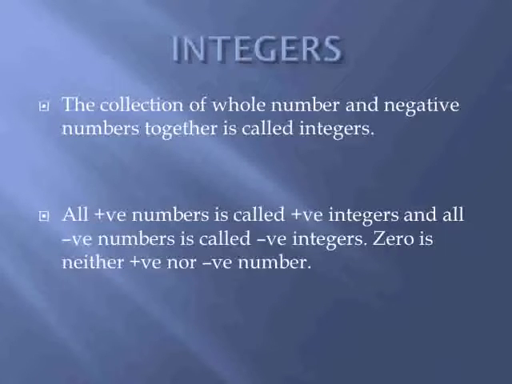Second point: all positive numbers are called positive integers, meaning plus 1, plus 2, plus 3, plus 4 to plus infinity. All negative numbers are called negative integers, meaning minus 1, minus 2, minus 3, minus 4 to minus infinity. But remember, 0 is neither a positive nor a negative number.